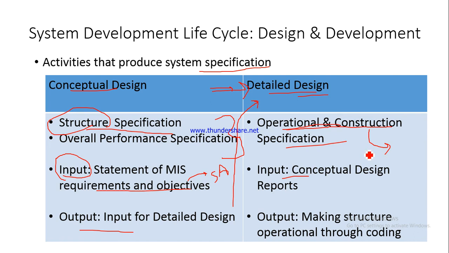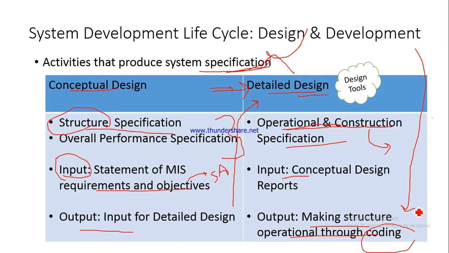And now please understand, up till now we have discussed only the design aspect, right, here and here. Now the output of the detailed design would then be made operational through coding, and this coding is basically the development part, the programming, right? Have a look here.